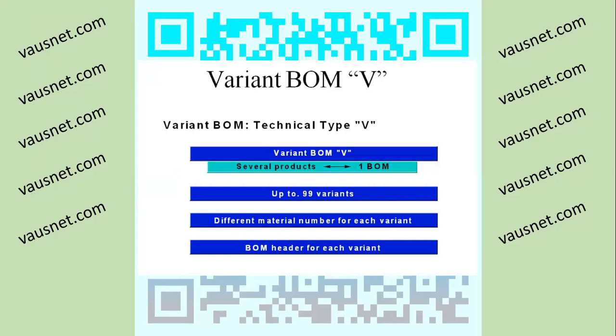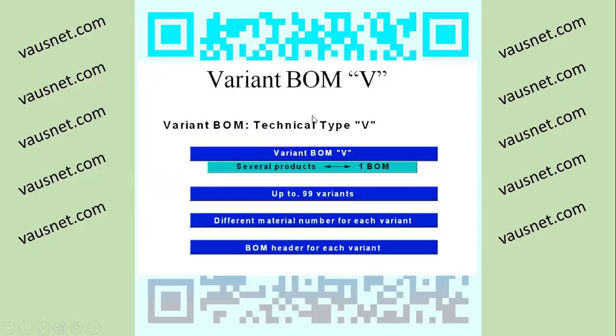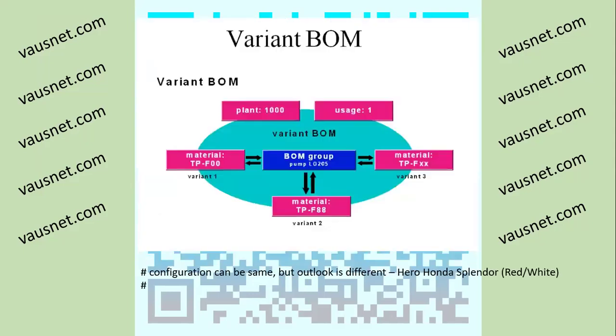Okay, and each variant will have a different material number. For each variant there will be a different material number that will be generated as and when that variant is used. So there will be a BOM header, because in the BOM header, of course, you will have to mention that you are creating a black keyboard with red casing or red keys, whatever, because this is variant. You can change your outlook and the output result of your keyboard using a variant bill of material.